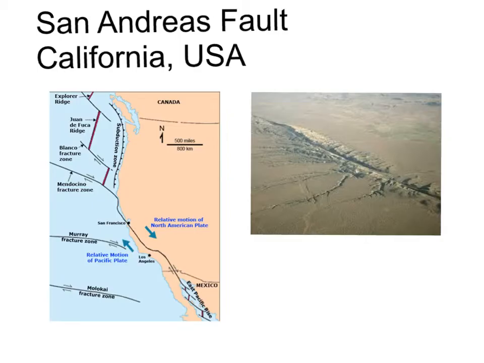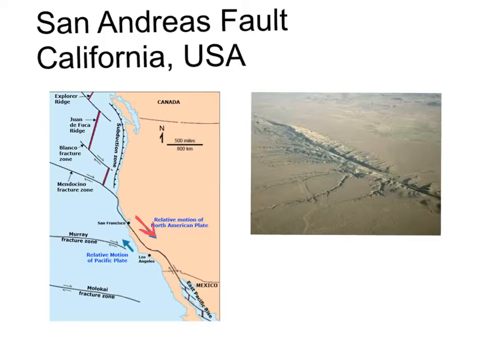An example of where you can find a transform plate boundary is in California in the United States, and half of the state of California is attached to the North American plate, and it is sliding down this direction. So that has the city of San Francisco on it.